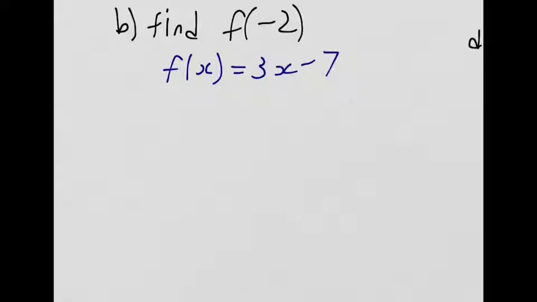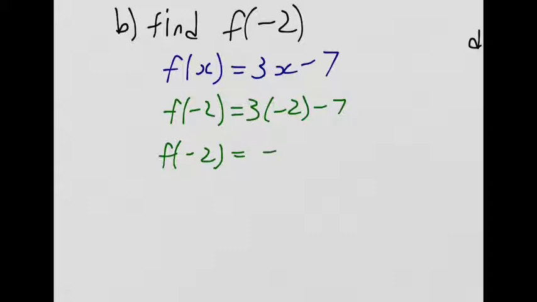So we're evaluating this function when the input negative 2 is put in for x, and we're trying to figure out what the output is. So f of negative 2 would be 3 times negative 2, that just replaces x, then minus 7. So this would be negative 6 minus 7, that's just 3 times negative 2. And therefore f of negative 2 would equal negative 13.